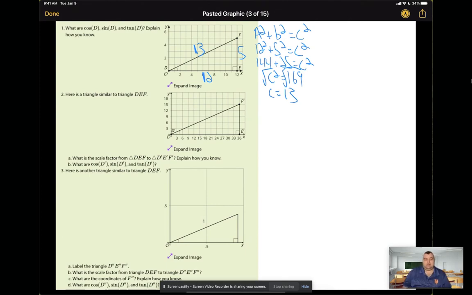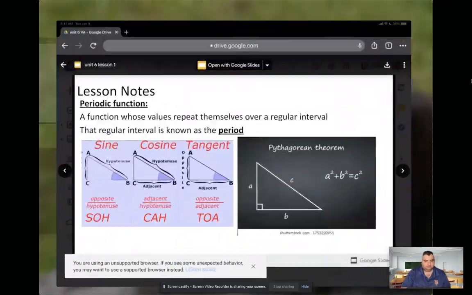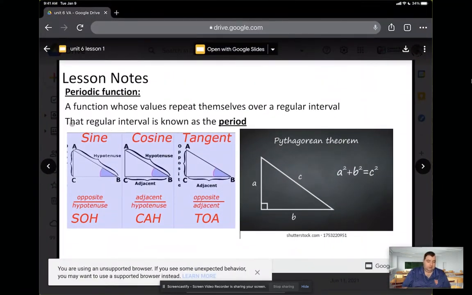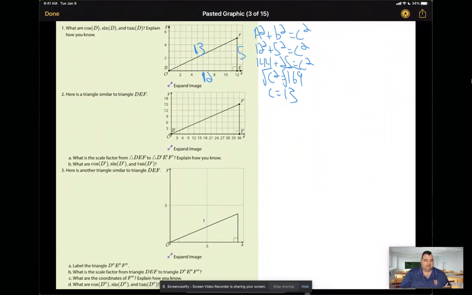Now that I know the lengths of the sides of the triangle, if I go back to the lesson notes, I can now use SOHCAHTOA to figure out sine, cosine, and tangent. So sine of D, D is right here. That's going to be opposite over hypotenuse, which is 5 over 13.